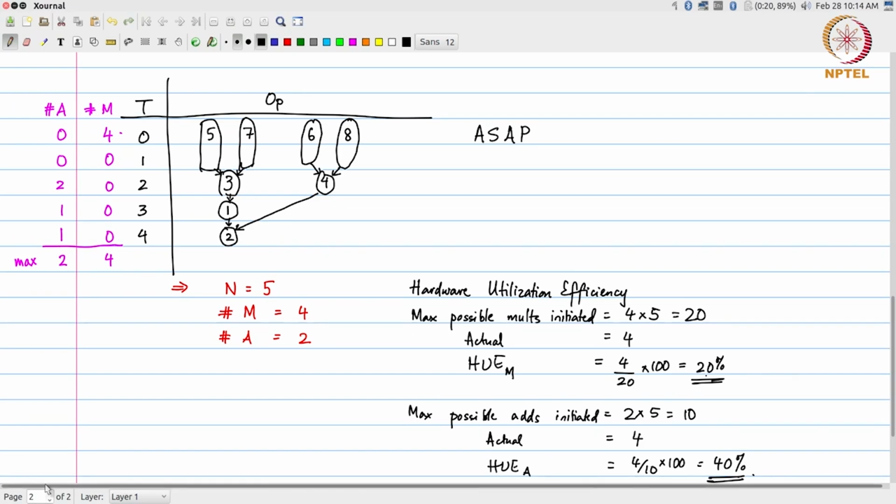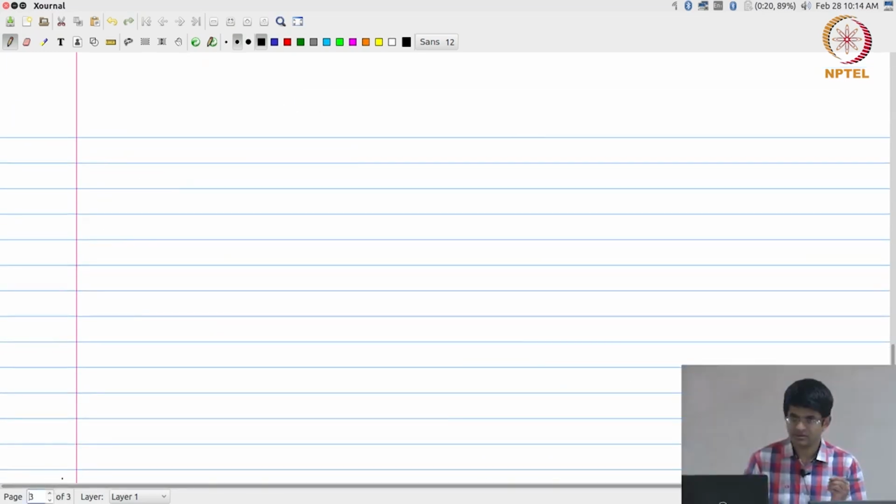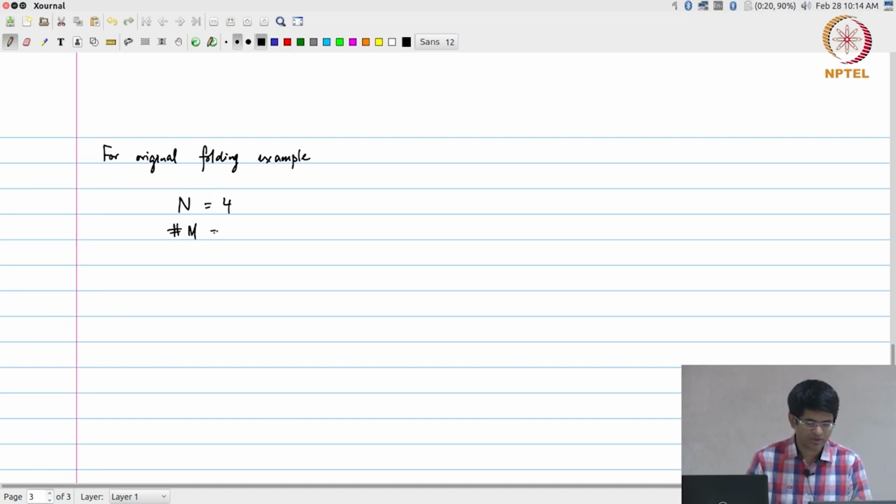Just thinking back about the actual problem that we used for illustrating folding. For the original folding example, what did we have? N was equal to 4, the number of multipliers was equal to 1, and the number of adders was equal to 1.